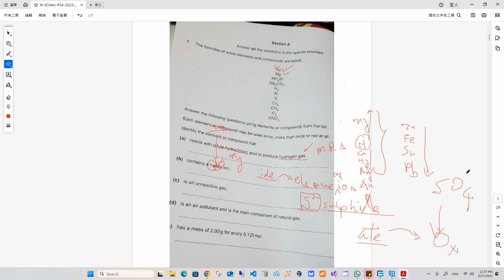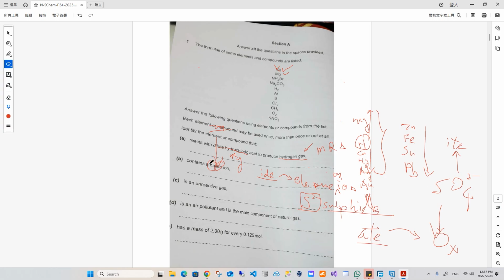It's the maximum number of oxygens you can get into an anion complex, and then it is called ATE. One oxygen fewer is called ITE, like sulfite, not institute. ITE is one oxygen less, and the charge normally remains unchanged. So be careful with all these endings.